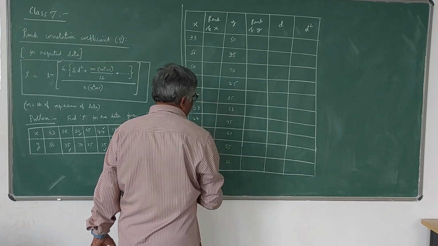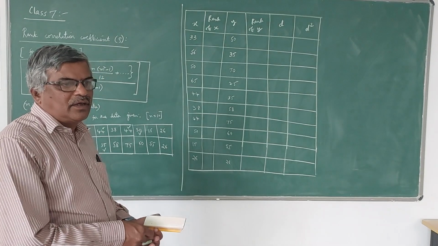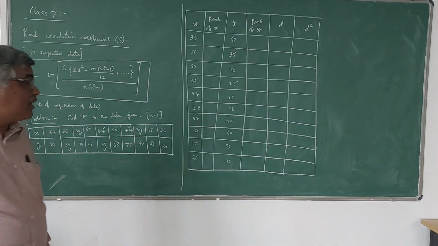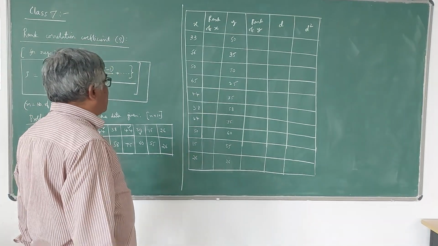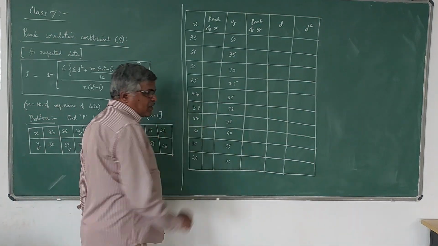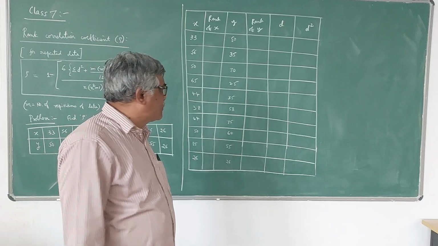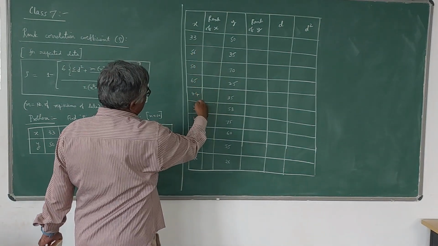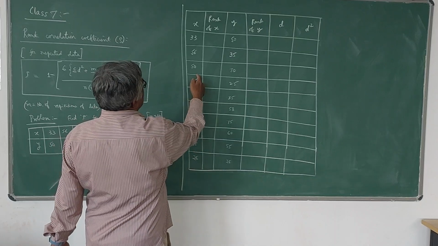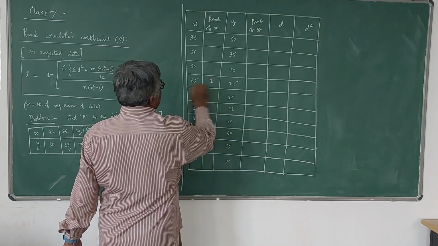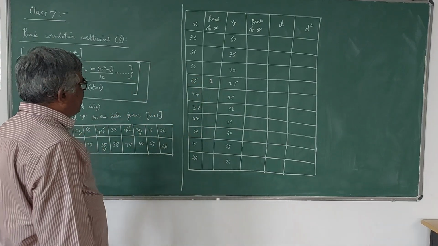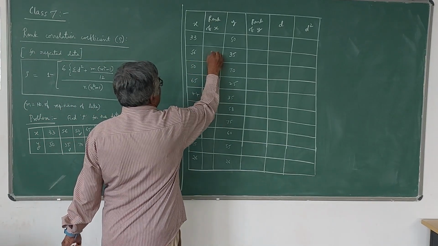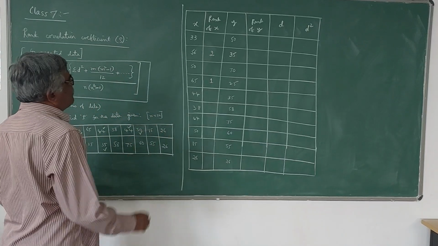Now we have to assign ranks. The highest value will be the first rank, the lowest will be the last rank. Be careful about the repeated values. The highest value in x is 65, so this becomes rank 1. Then 56 is rank 2. Now 50 is repeated.